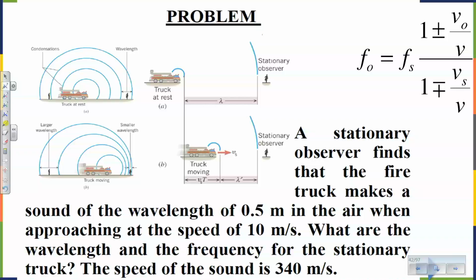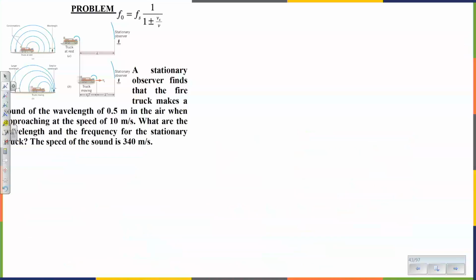So a truck makes sound with a given wavelength in the air when approaching at 10 meters per second. Okay. So now we do it backwards. We know what a stationary observer observes, and we need to say, when the source is moving, what that observer would have been hearing when the source stops moving.